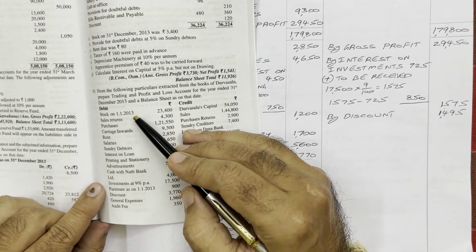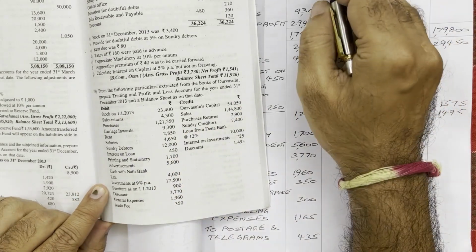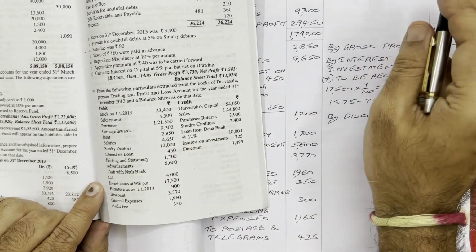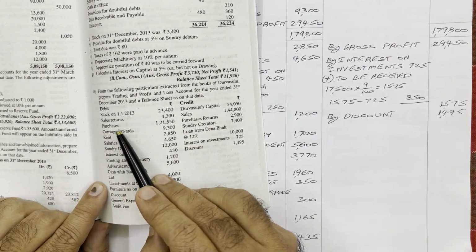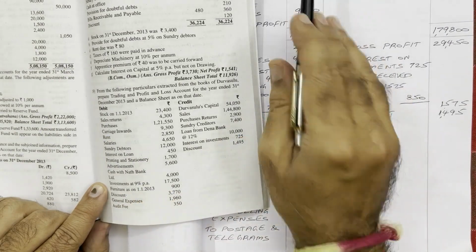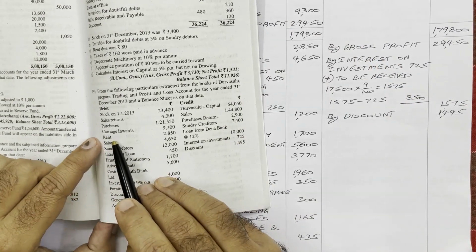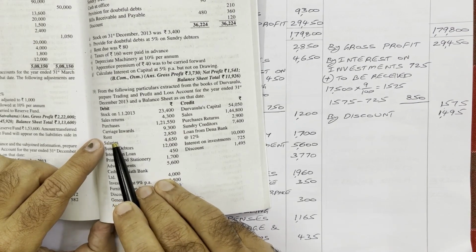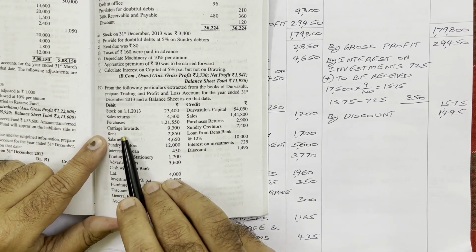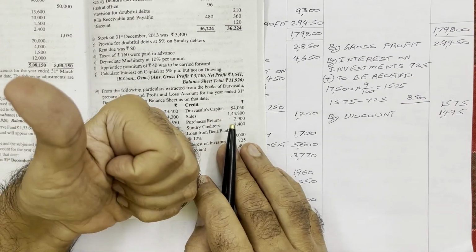Stock on 1/1/13 is completed in the trading account debit side, opening stock. Sales returns are completed on the trading account credit side. Purchases are completed on the trading account debit side. Carriage inward is completed in the trading account. Rent. So only the word rent is given. See, a firm may have different types of buildings. First one, factory building.